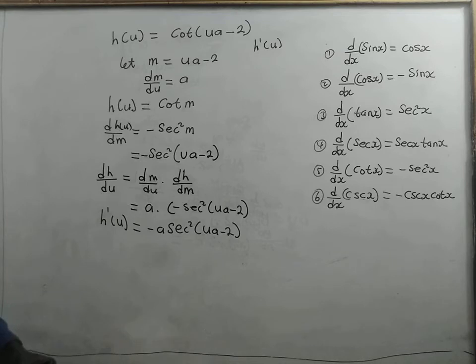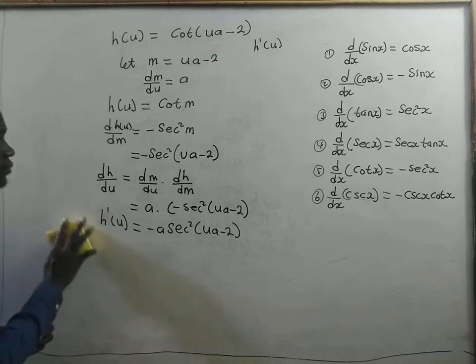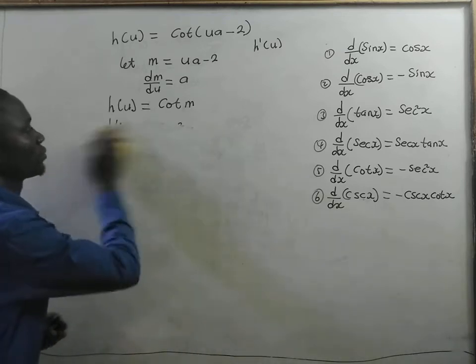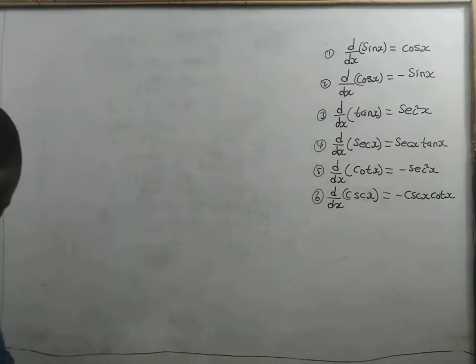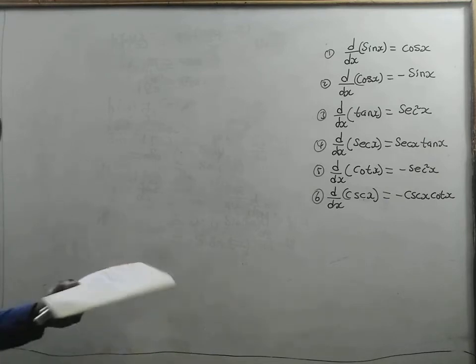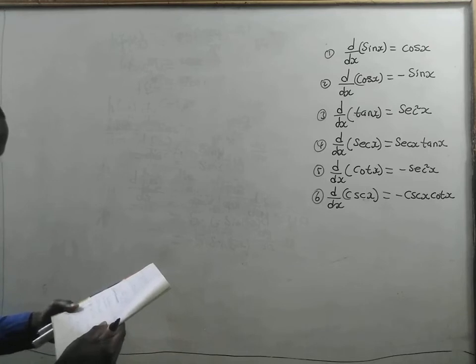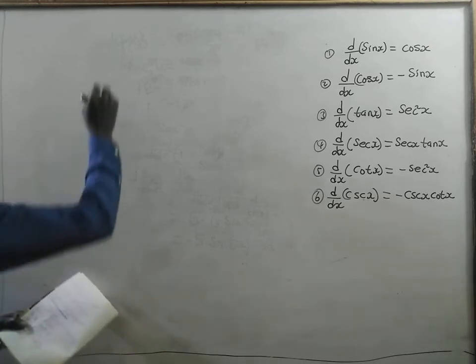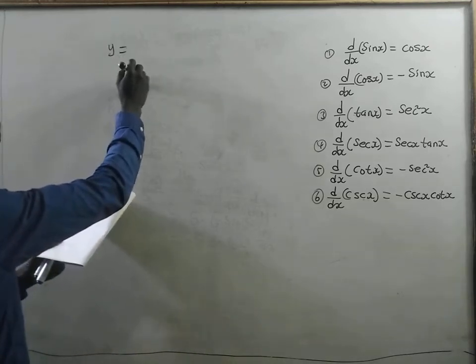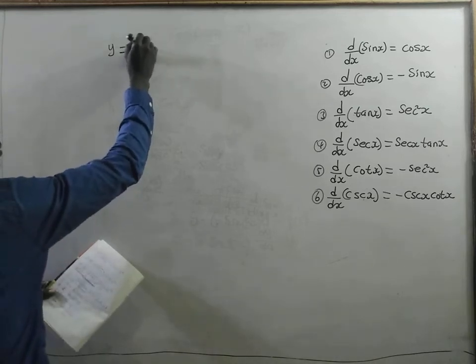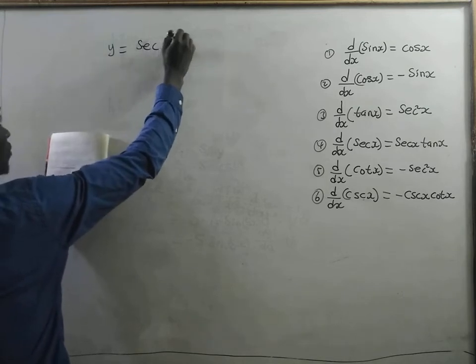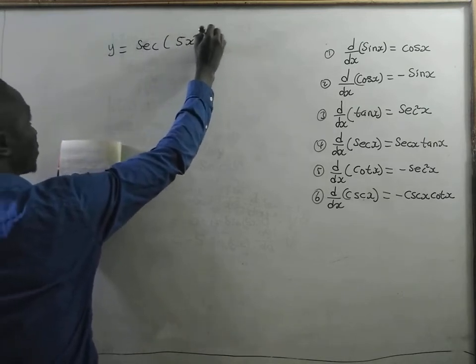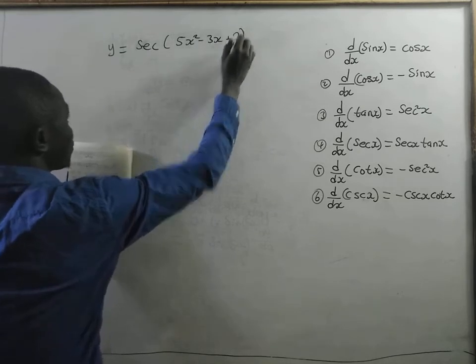Now, let's take the next example. Now, next example, we are going to take y equal to secant of 5x squared minus 3x plus 2.